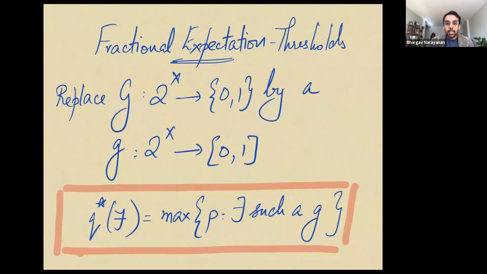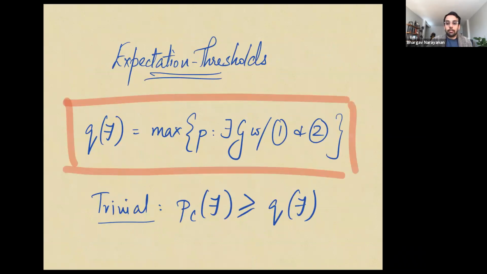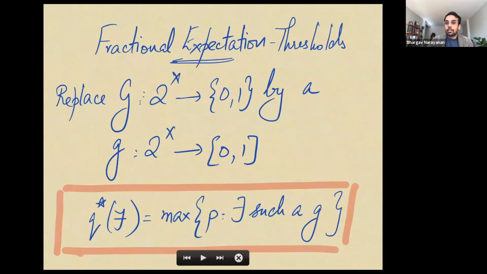So what would that mean? It would mean back here that instead of demanding that F lives inside this upset, you'd say that the weight underneath any element in F, when you add up the little g values below it, is at least 1. And similarly, the second condition would just be that the weighted sum with little g is at most a half. So Talagrand proposes a fractional relaxation of what it means to find a witness.